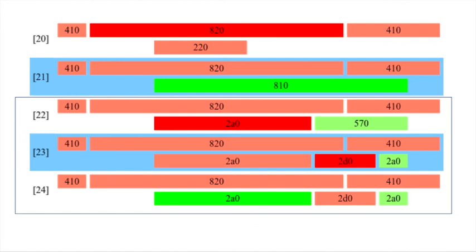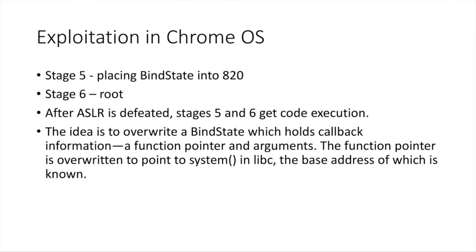So that leaks two pointers that the proxy server forwards to JavaScript. The two pointers are used to calculate the address of 820 and the base address of libc. Stage 5 is to place bind state into 820, and stage 6 is to run as root.